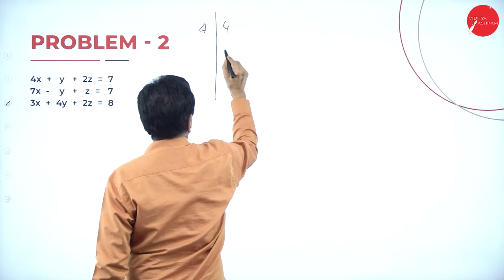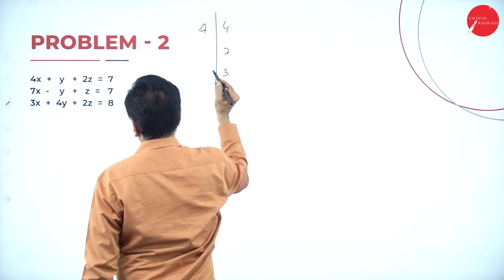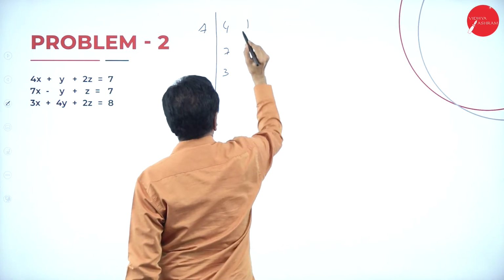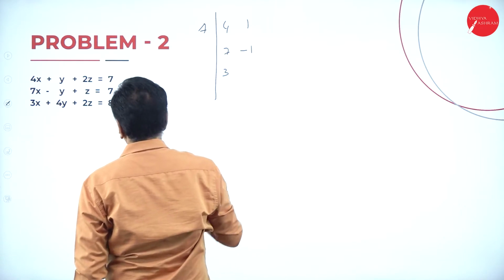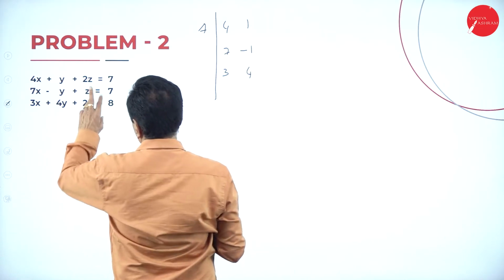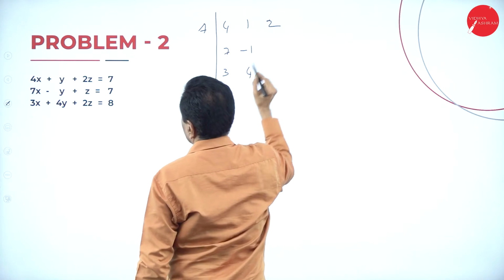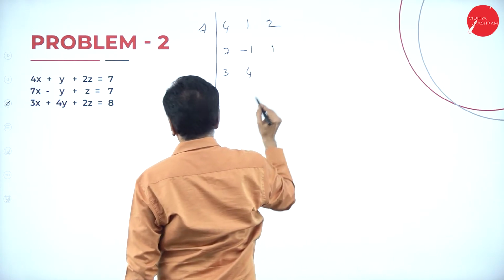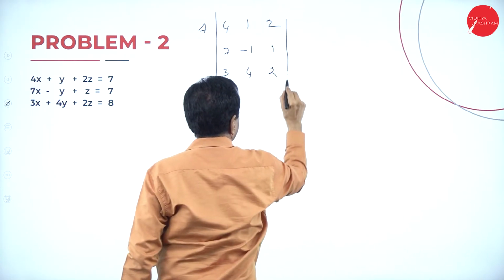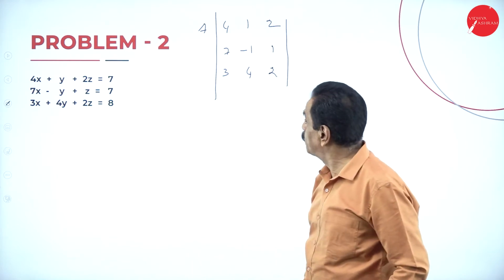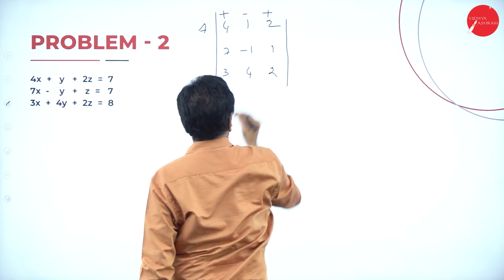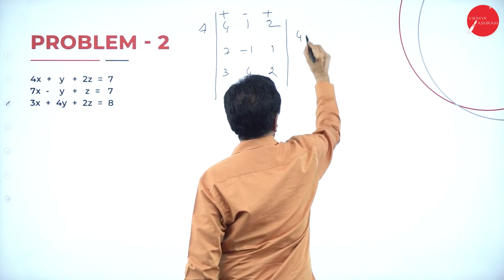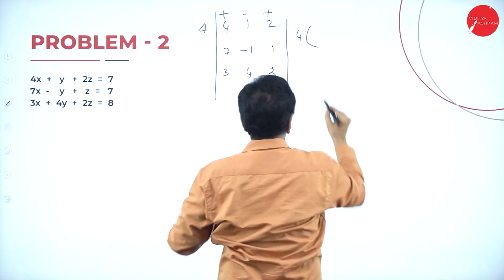4, 7, 3, 1. When you say y, 1, minus 1, plus 4, 2, z means 1z, 2. This is for delta. This is plus, minus, plus. 4. What is left over here?